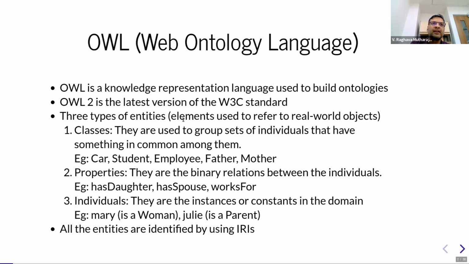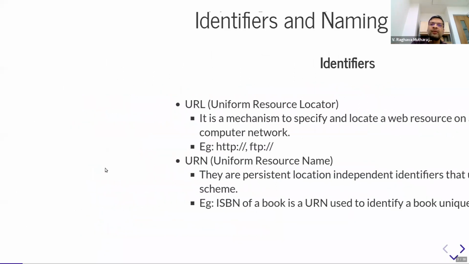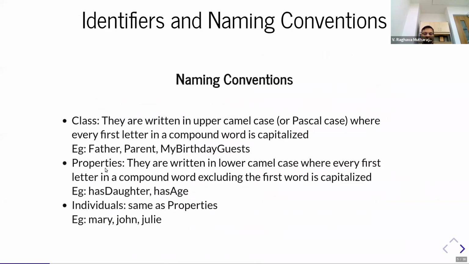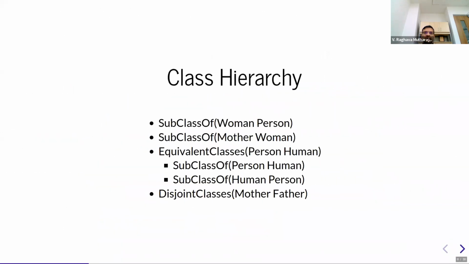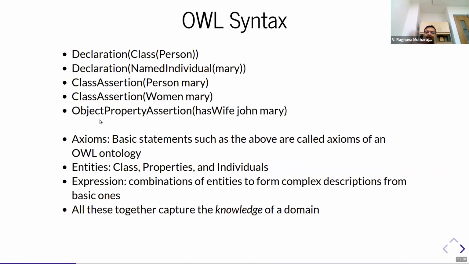Let me discuss. So you have only three types of entities: a class, a property, and then the individual. But in the property there can be two types of properties. You have the object property, and then the other type of property is the data property.